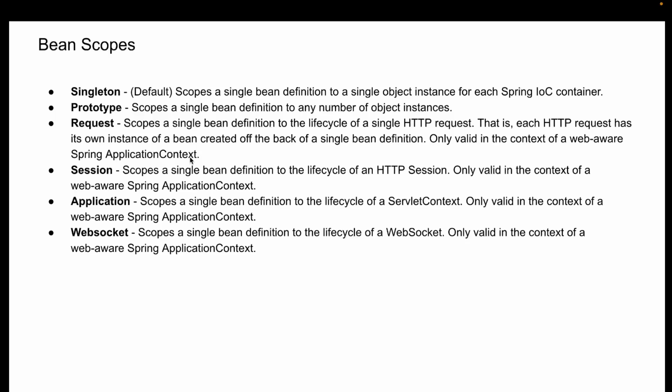Now, this third bean scope, the request bean scope, is heavily used in a server-client architecture. Let's say we are making some HTTP request and we want to get some kind of HTTP response.